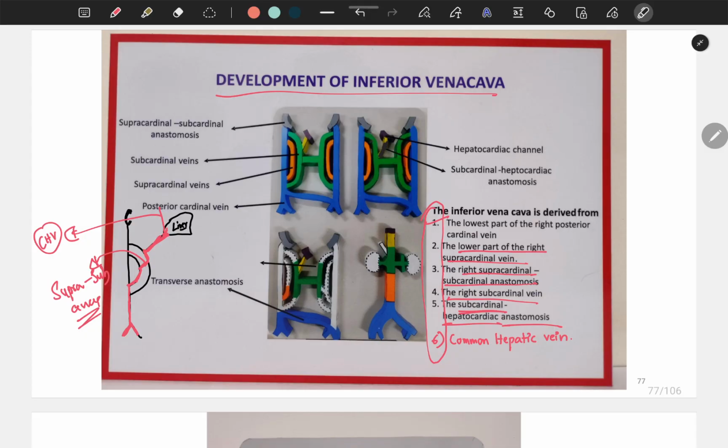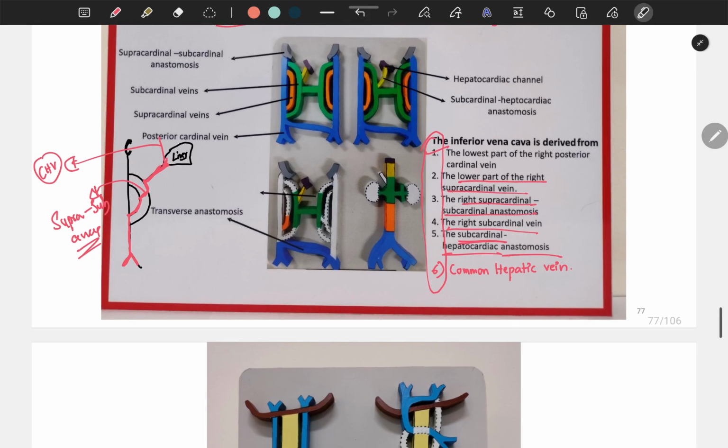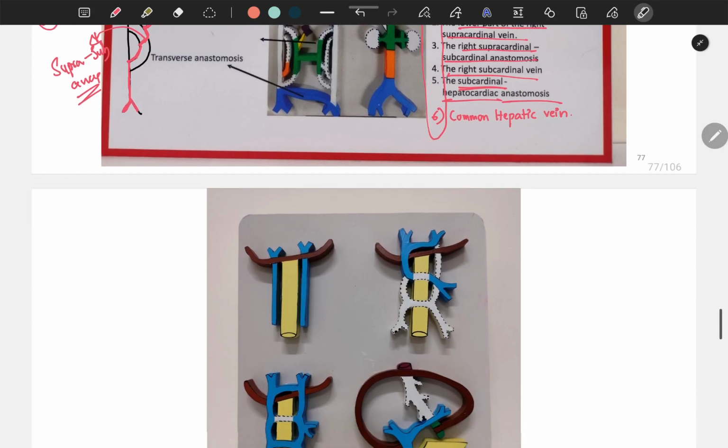This is between this subcardinal. This is hepatocardiac channel, this part. This yellow portion is anastomosis between the subcardinal and liver, that is hepato. And next, transverse anastomosis here. Okay.